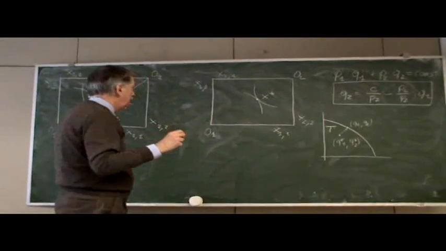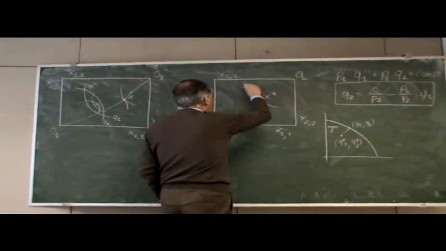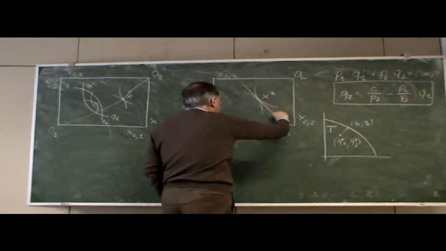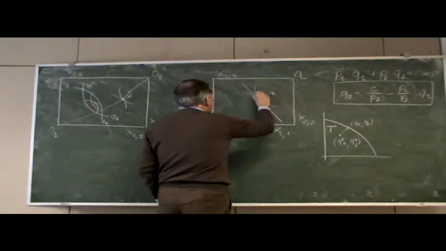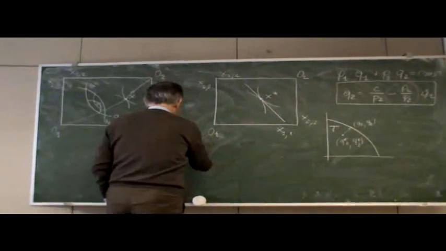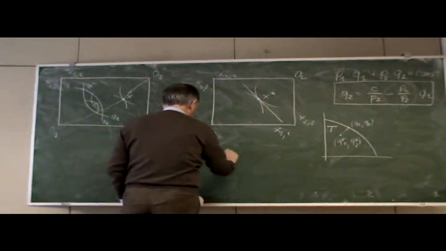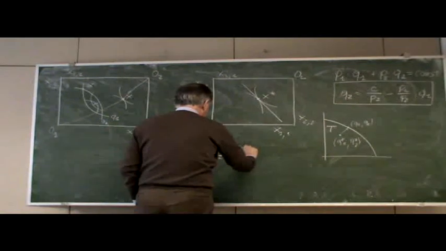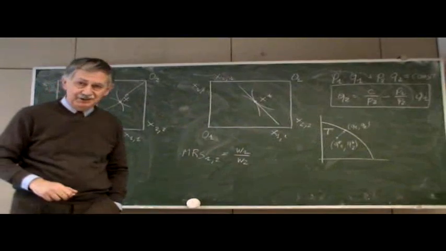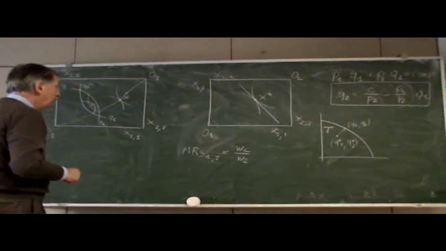Last step, if the production functions are differentiable, these isoquants will be tangent. And by a well-known result, the marginal rate of substitution between two factors must be equal to the ratio of factor prices, another well-known result of production theory.